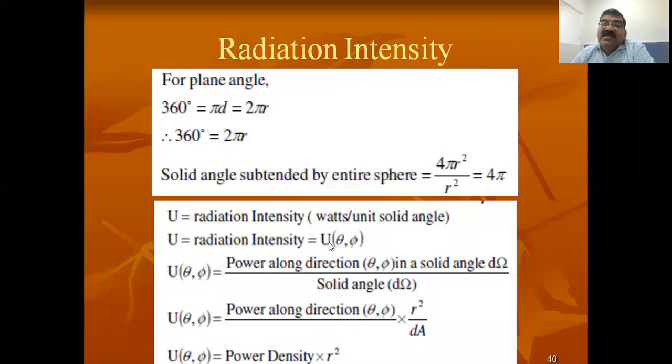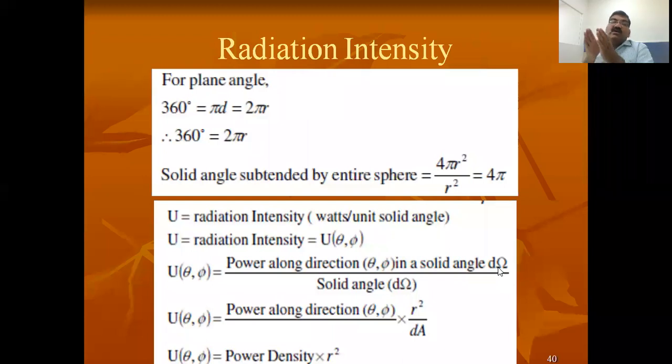It is represented as U of theta and phi. As I mentioned, we are using the spherical coordinate system, so theta and phi will be there. So U of theta and phi is how you can represent radiation intensity. It is simply the power along the direction of theta and phi in a solid angle of d omega.